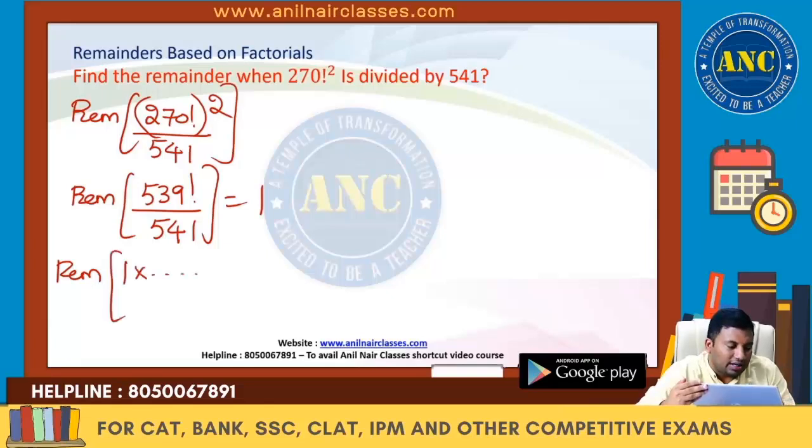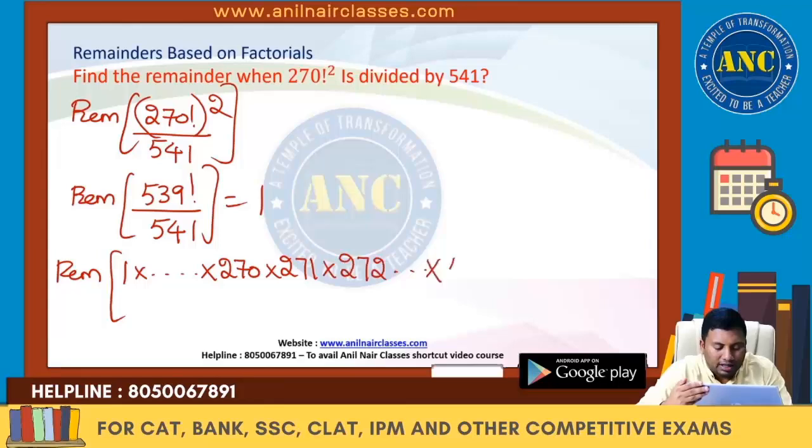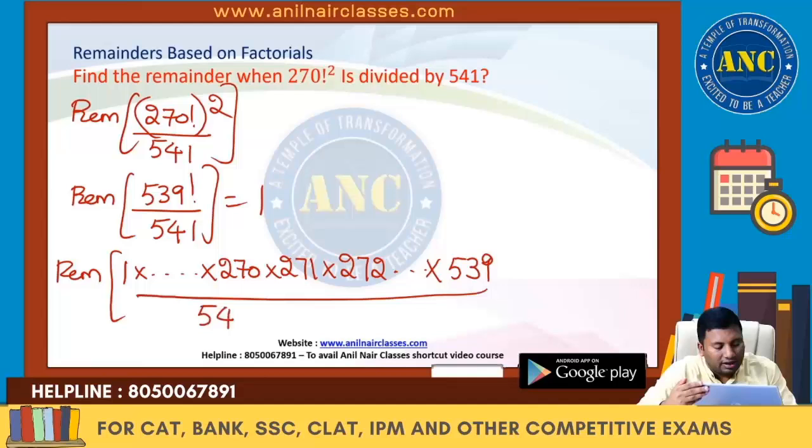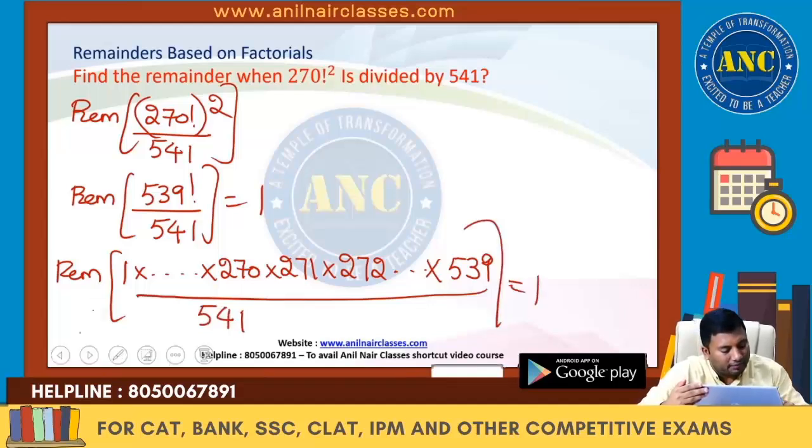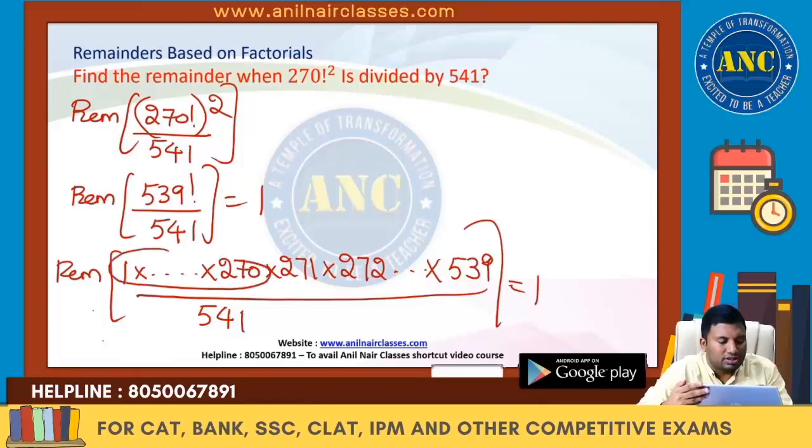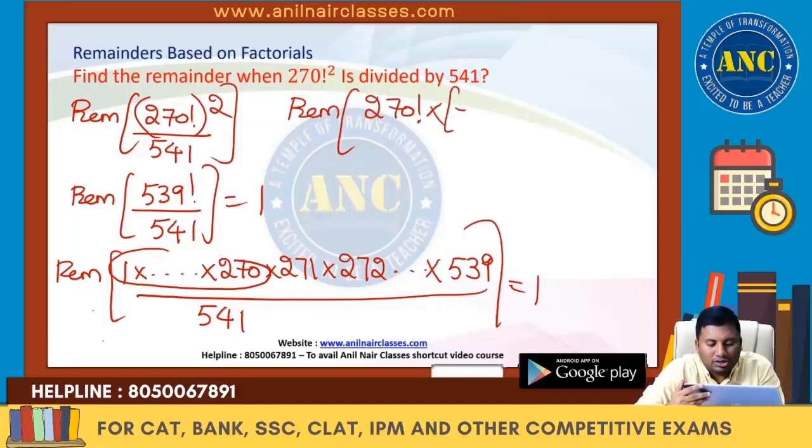539 can be written as 1 into till 270, 271, 272 and so on up to 539. Divided by 541, it is 1. So here it is nothing but 1 into 2 till 270, which is 270 factorial. 271 by 541 is minus 270.